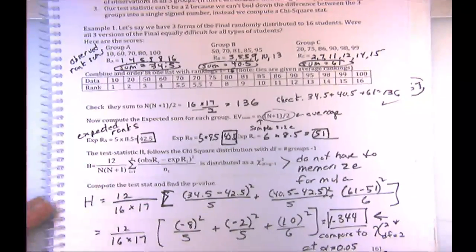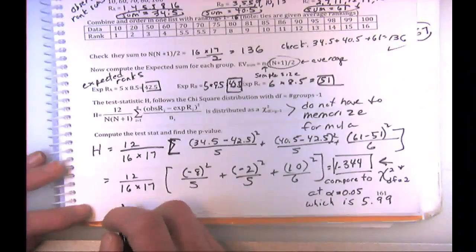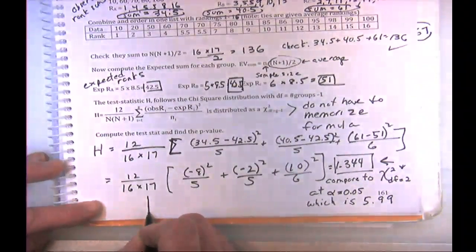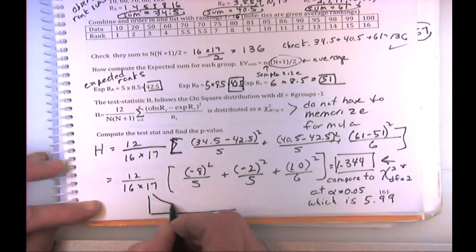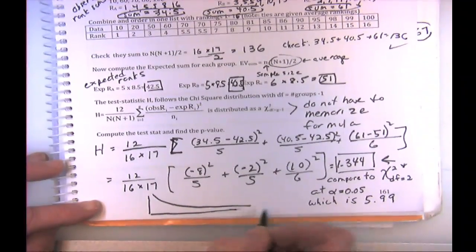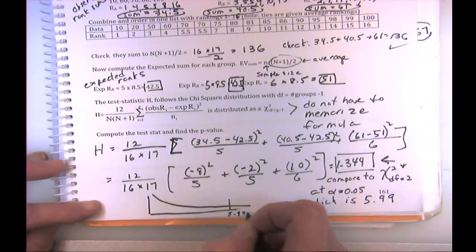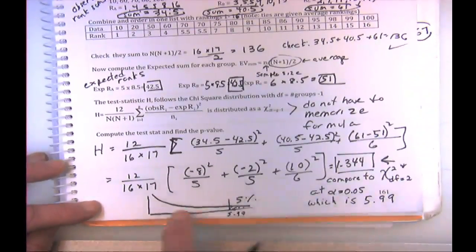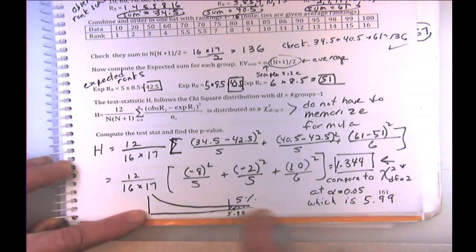Just to refresh your memory, let's look at what that would look like. The chi-square curve would be very lopsided here, and our critical value at 5% right here is 5.99. We need that extreme a difference from what we'd expect or more to reject the null.